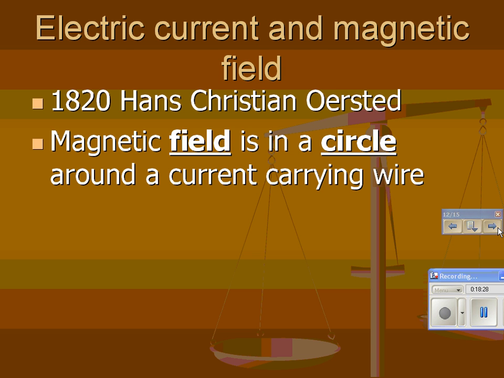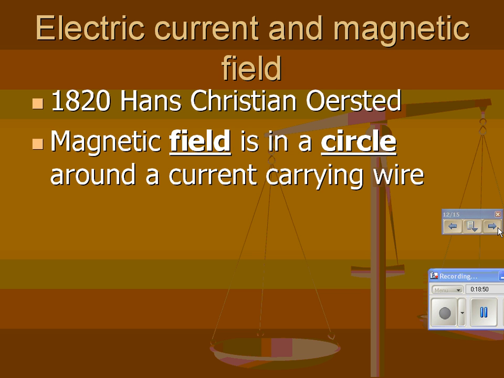Okay, here's the first right-hand rule. If I have a wire with current in it, and I grab that wire with my right hand so that my thumb points the direction of the conventional current. Now, what direction is conventional current in a circuit? From positive to negative, okay? Remember, we know electrons go the other way, but we draw current from positive to negative.